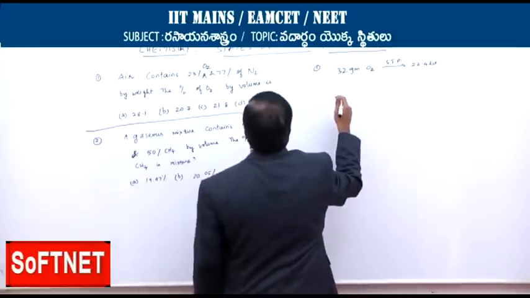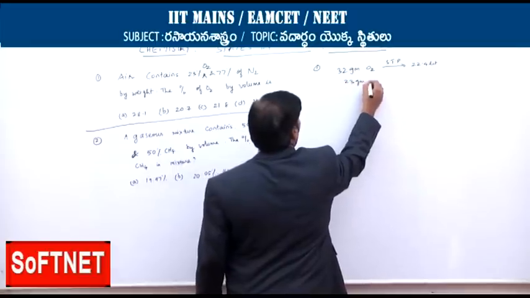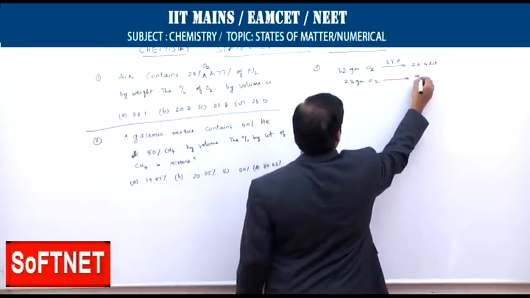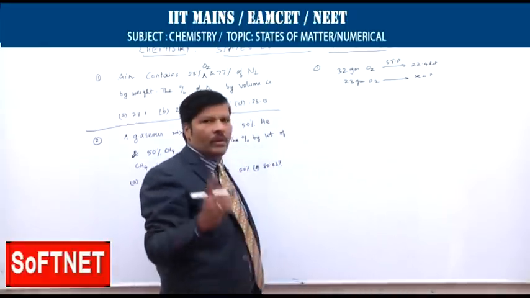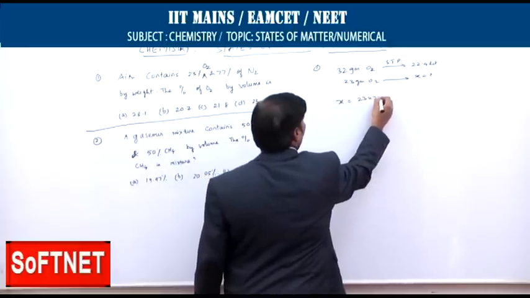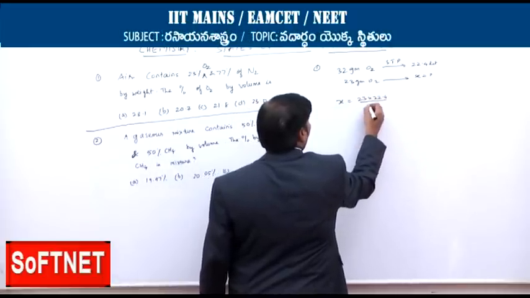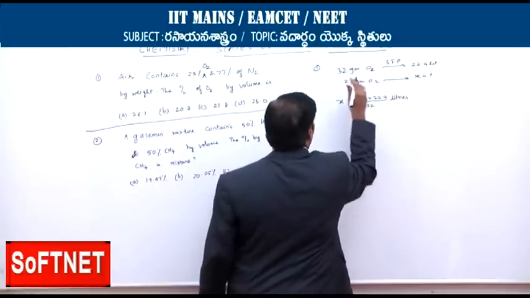Then 23 grams of O2 contains how much? X is equal to question mark. So here you can take X is equal to 23 into 22.4 divided by 32 liters. Keep it like that.